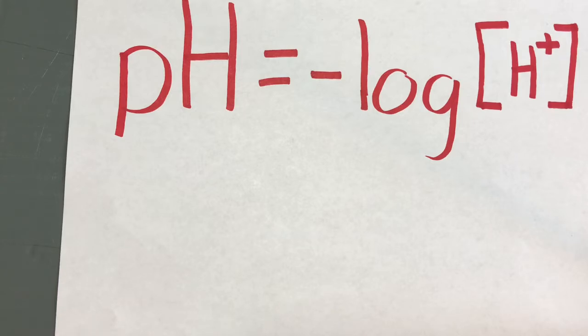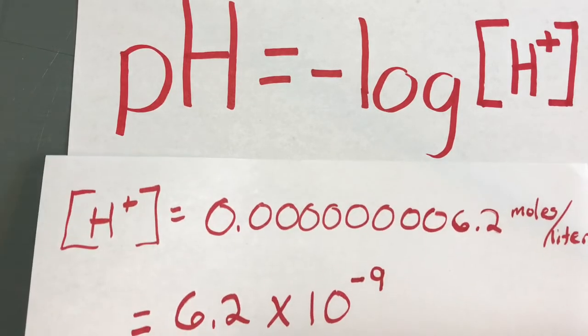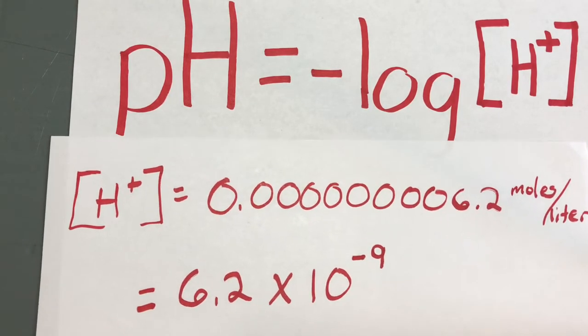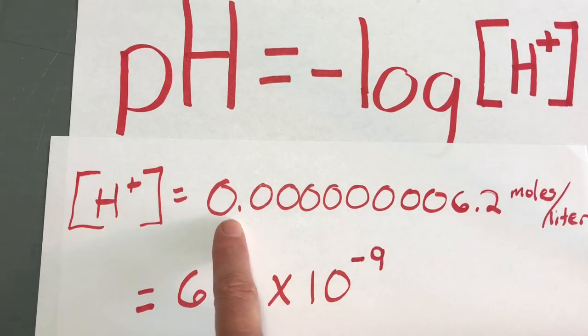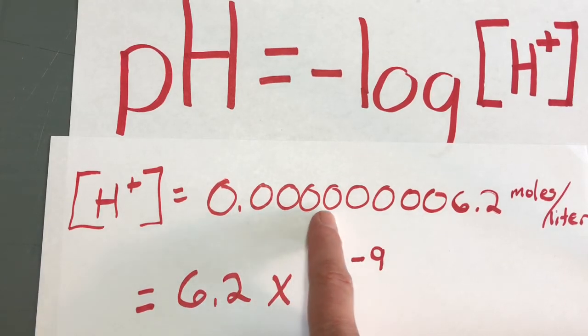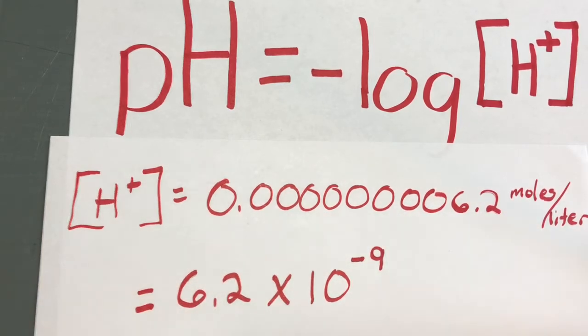That works out really well when our mantissa is 1. But often our mantissa is going to be something a little more ugly, such as this number here, where we have the concentration of hydrogen ions being equal to 0.0000000062 moles per liter.